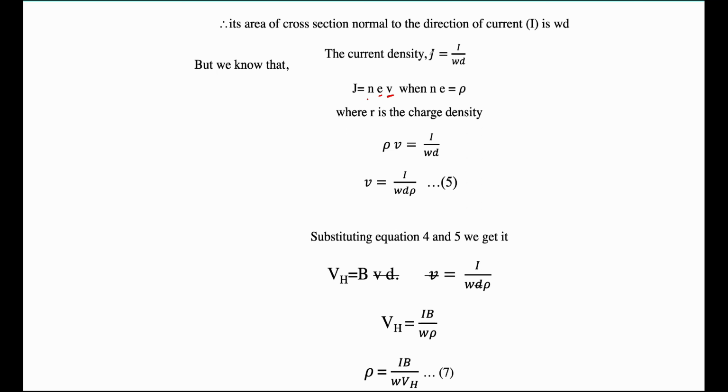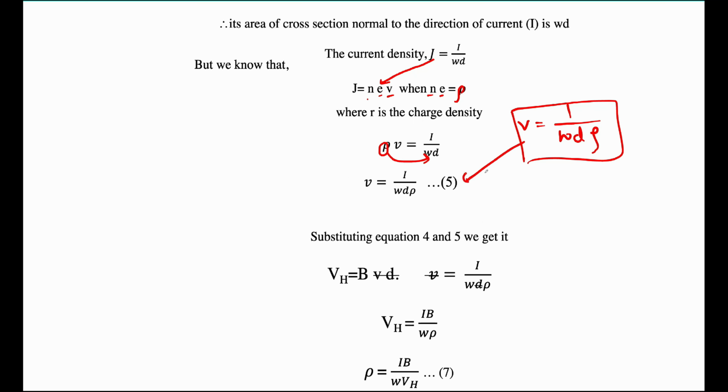Instead of writing J we can replace this with nev, and the number of electrons times charge of the electron is nothing but rho. So write rho into V equals I by WD. Taking rho to this side, V equals 1 by WD into rho. Take it as equation number 5 here.